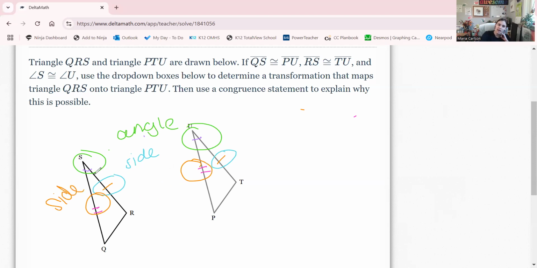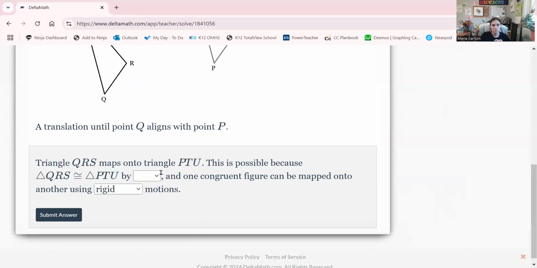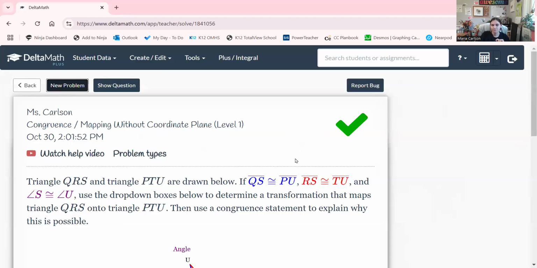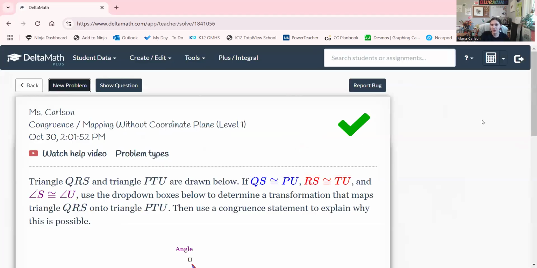Side, angle, side, right? We have a side, an angle, and a side in each. So by side, angle, side, these two are congruent. Please let me know what questions you have on this one.